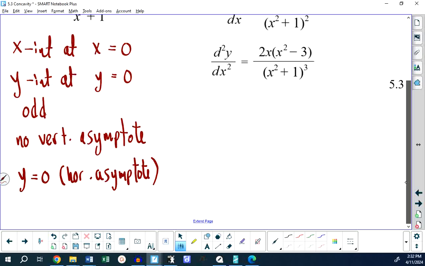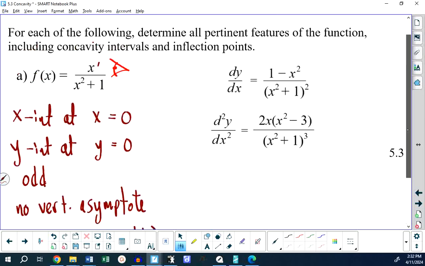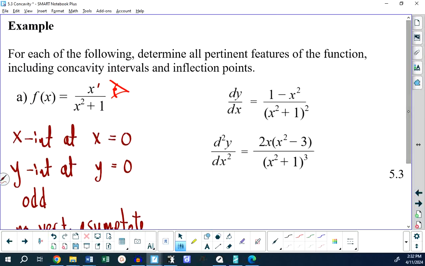Now what we need to do is a first derivative chart. So wherever you wrote the first derivative, you should indicate that the critical values of the first derivative are 1 and -1. Those are the values of x that make the numerator 0, therefore making the derivative 0, meaning it's critical. There are no critical values of x that make the derivative undefined by looking at the bottom, because it's x squared plus 1.